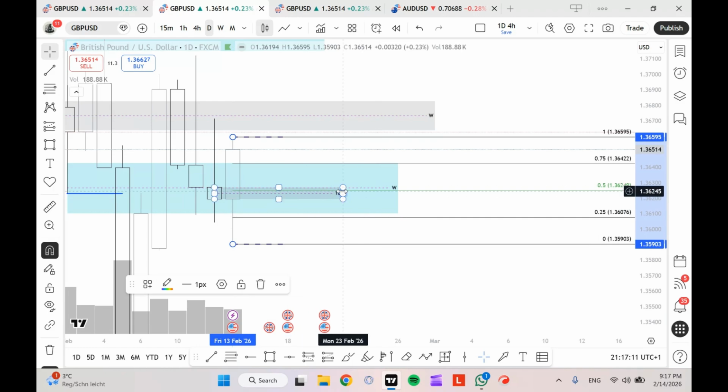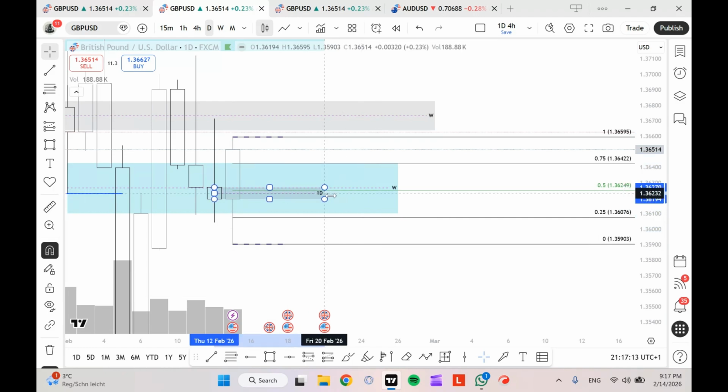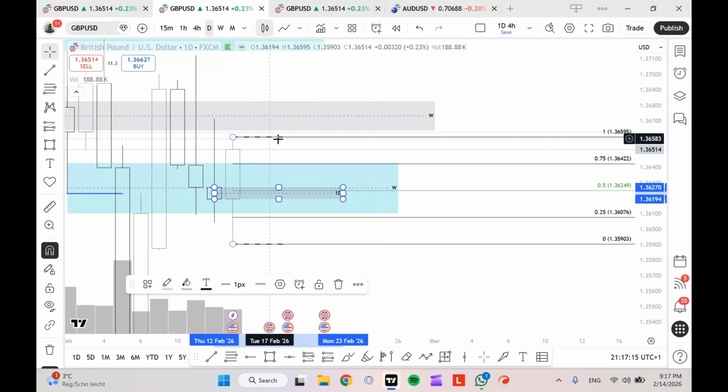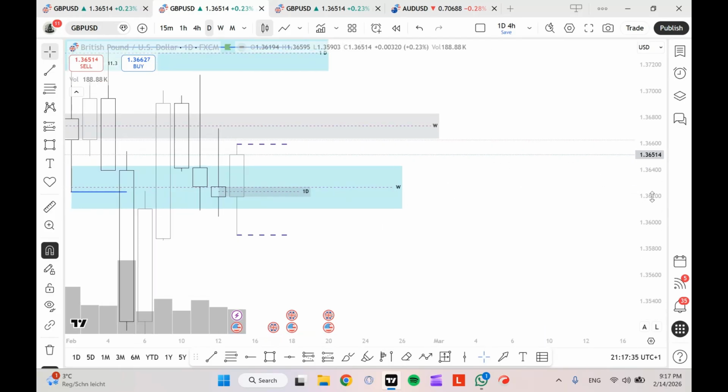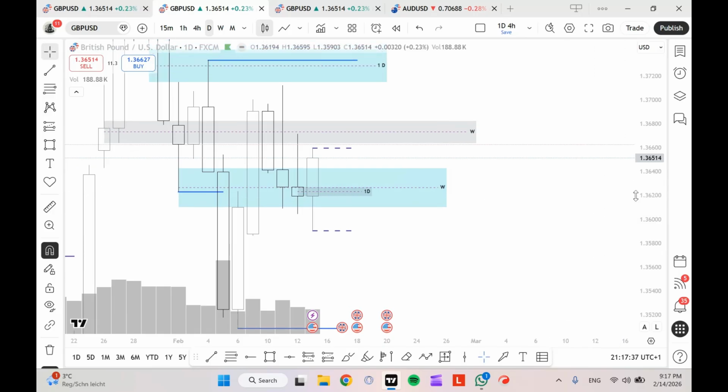For me, a good level would be this order block. If the price starts short and then gets some price action, some change of character inside this order block, it will be a great trade. If not, not.